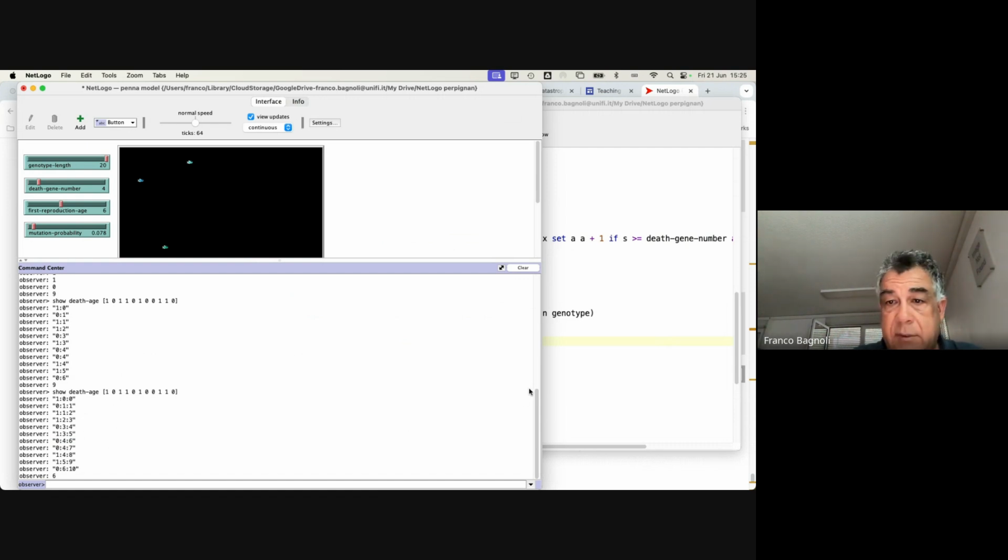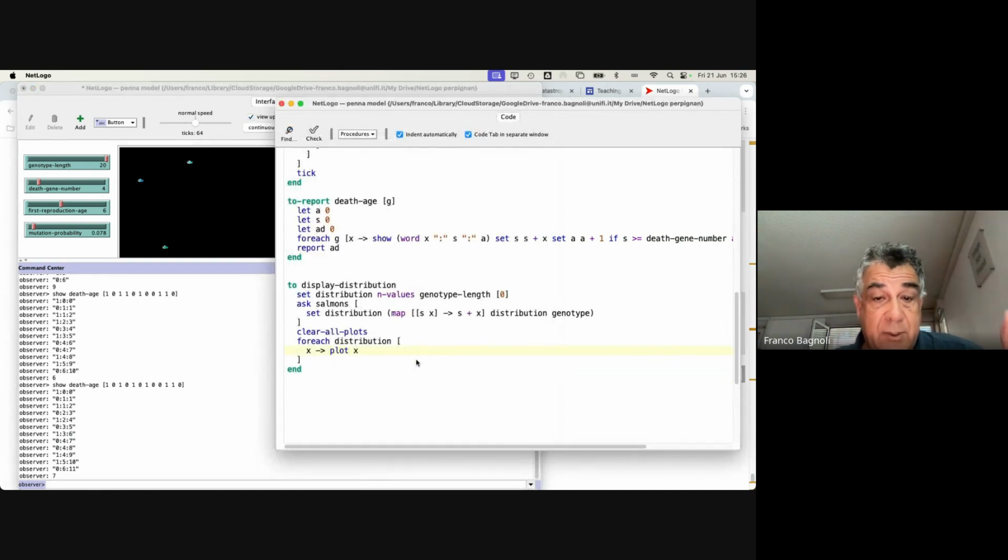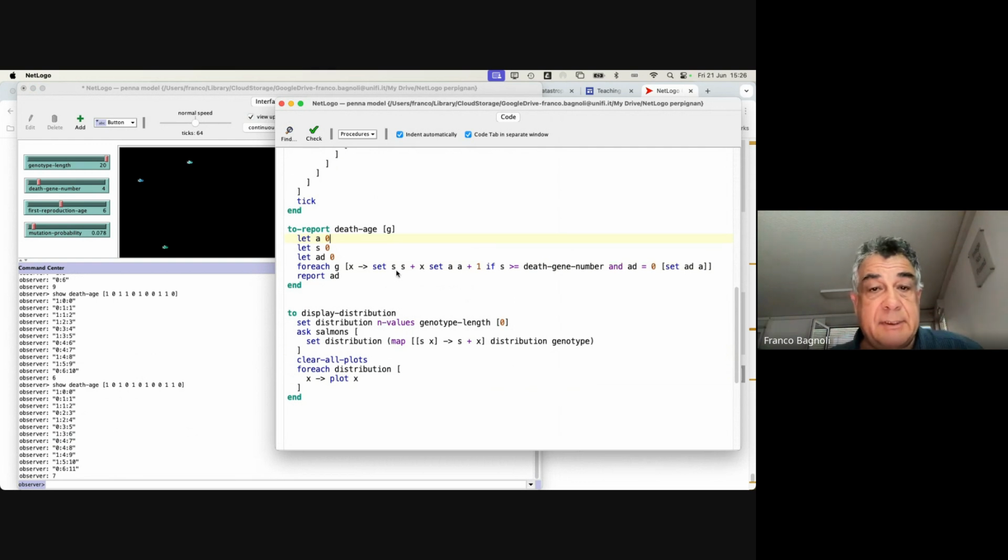It's okay. 4 gene. So let me try with another example. If I put a 0 here, it should give 7, no? 1 2 3 4 5 6 7 at age 0 1 2 3 4 5 6. Actually age should be 1 less, but this is not really important. Okay, so we can remove this, because it will begin at age 0 and not age 1. But it is not really important.